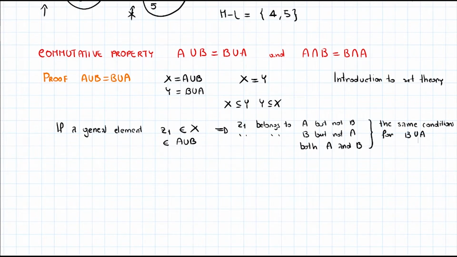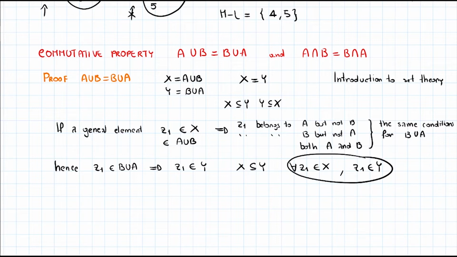But these are the same conditions for B union A. Hence, Z1 belongs to B union A, and so Z1 belongs to Y, which leads to the conclusion that X is a subset of Y, because for each Z1 belonging to X, Z1 belongs also to Y.